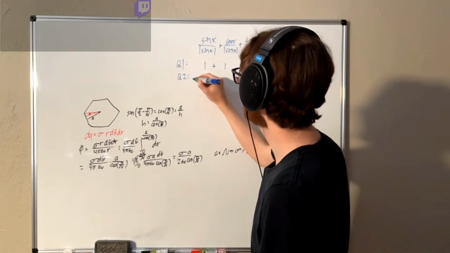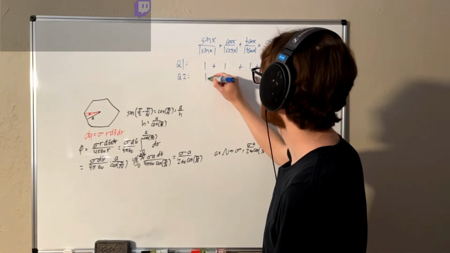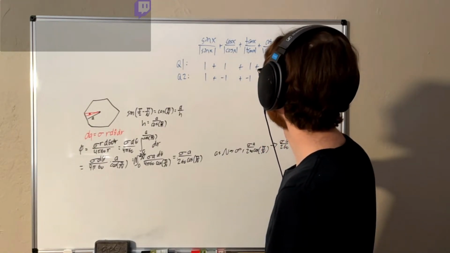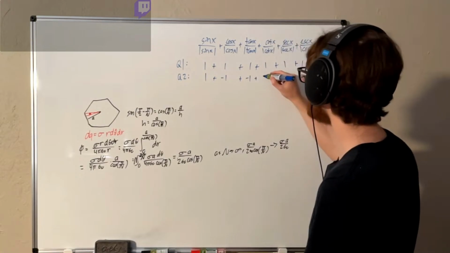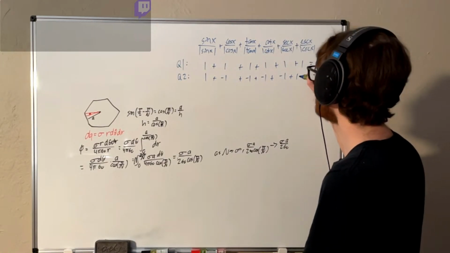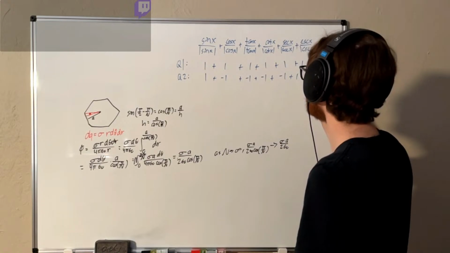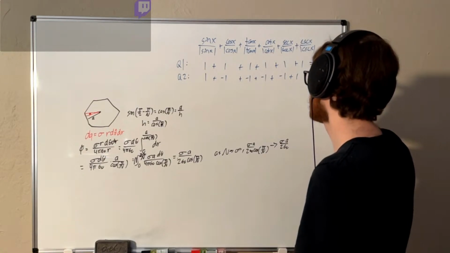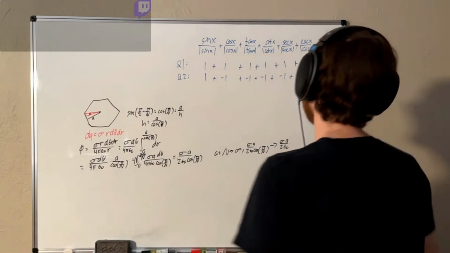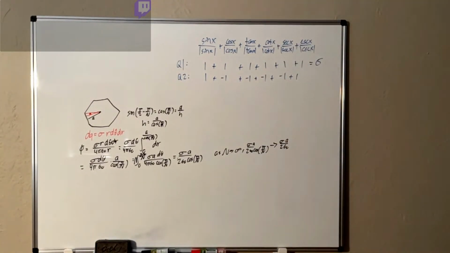In quadrant 2, sine's positive, cosine's... Oh, this is really just like an understanding thing, I feel like. Cotangent is negative. Secant is negative. Cosecant. Wait. Is cosecant 1 over sine? That's what it is, right?